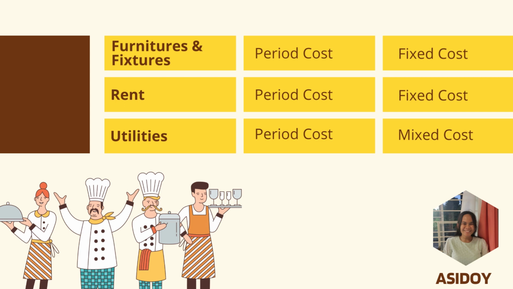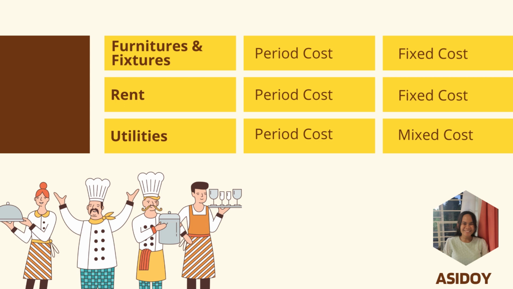These are considered as period costs as they are generally more closely associated with a particular time period than with making or acquiring a product or performing a service. These period costs are classified as assets as they have future benefits. The depreciation of these assets is a fixed cost since it incurs in the same amount per period throughout the useful life of the asset.